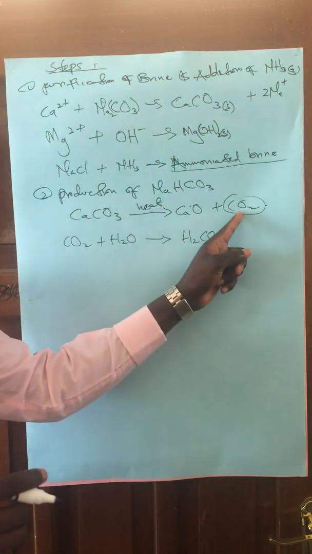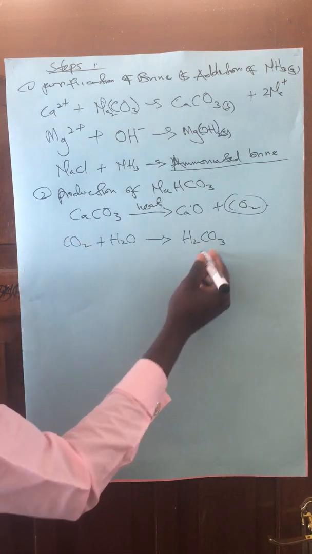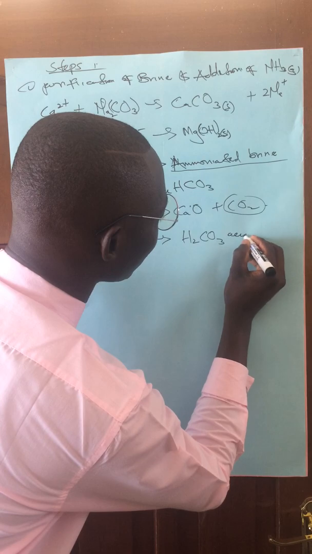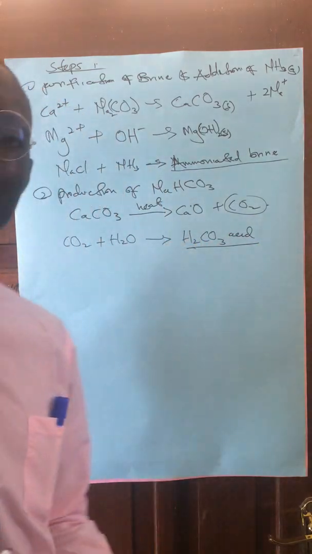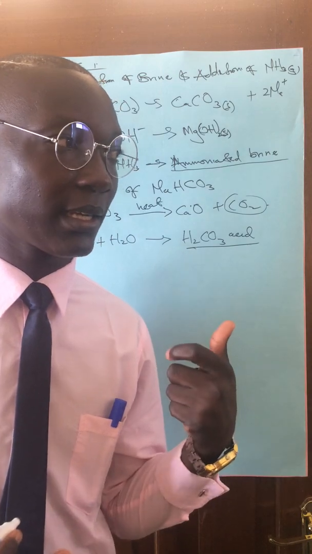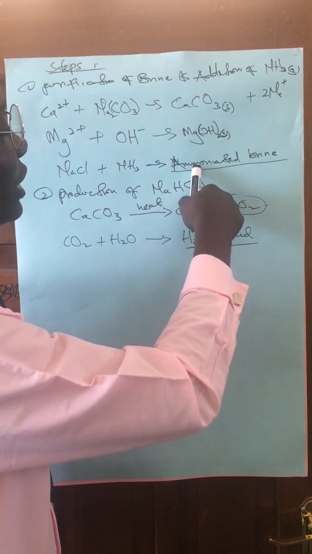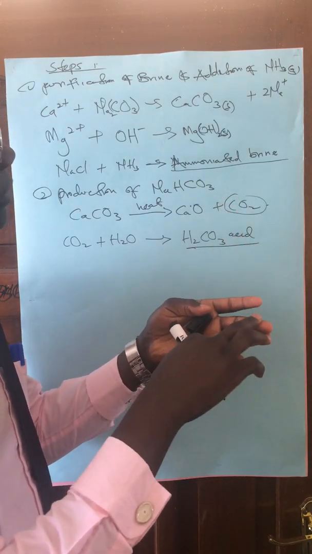When water reacts with CO2, we form weak carbonic acid. This is an acid. When we form this acid, and just as I said, this ammoniated brine consists of water, ammonia, and sodium chloride.